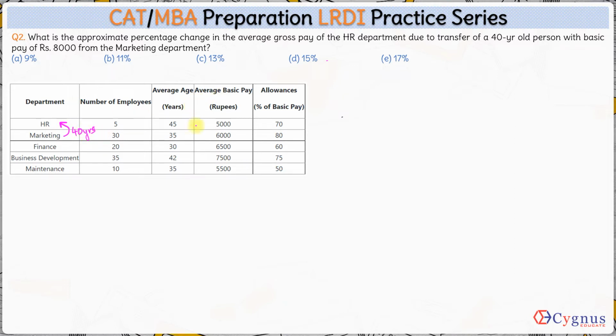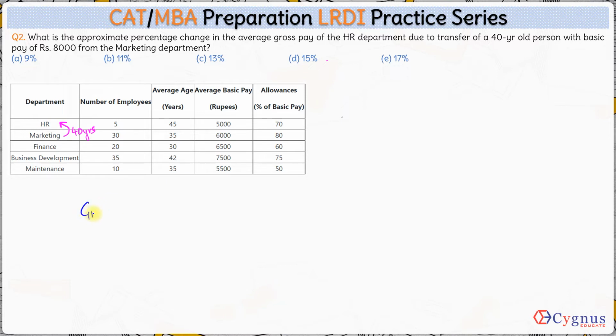Okay, now the person is going from a lower rank or lower average age department to a higher average age department. Hence he will receive an additional 10% of the basic pay. Okay, let's calculate what is the current average gross pay for the HR department.